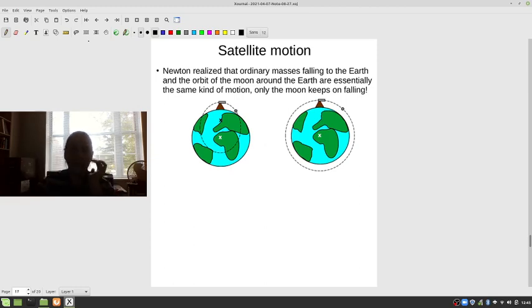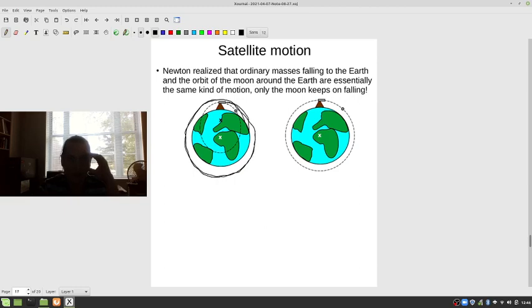Newton had a thought experiment where he said, what if you kept throwing it harder and harder, and it keeps going a little farther every time, except at some point you throw it so hard it just keeps falling? It keeps missing the edge of the earth.